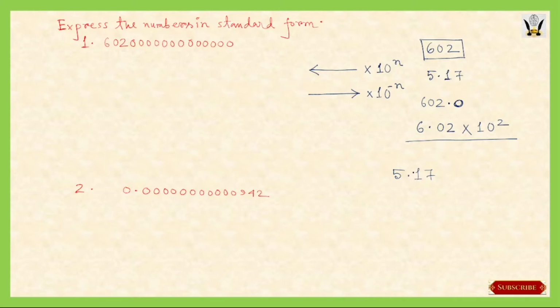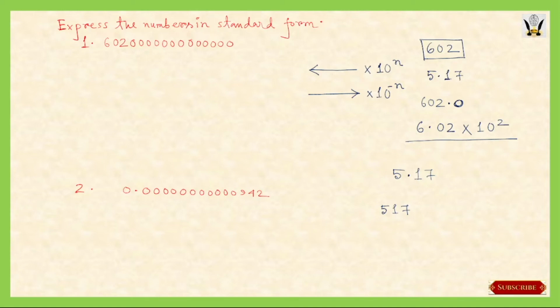Usual form means the decimal point will be at the end. Standard form means the decimal point will be after one digit, right? So when we express 5.17 in usual form, it will look like 517, and then there will be some other factor because of the adjustment that we will make. So for 5.17, what we are doing is moving this decimal point towards the right.